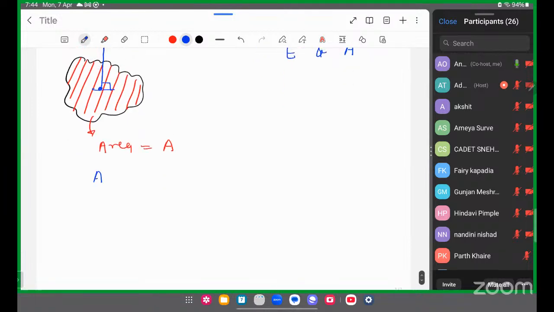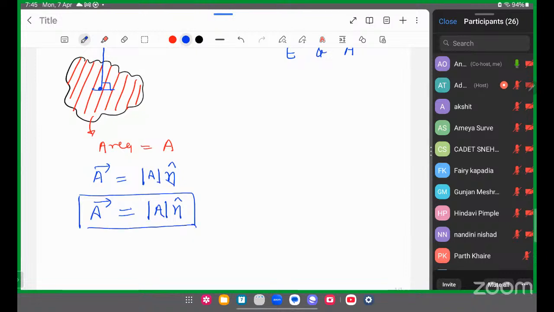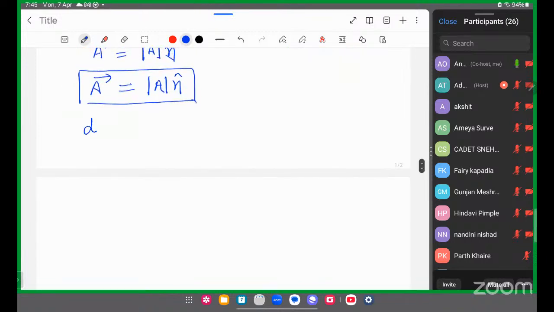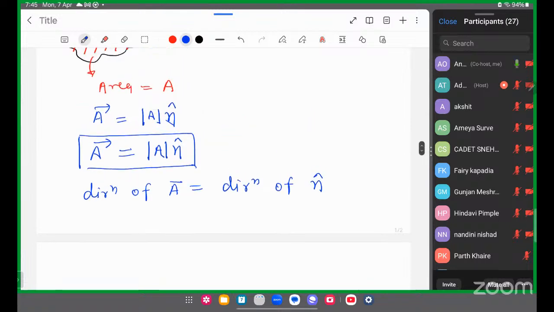So area vector A is area times n vector, and the direction of area vector is the same as the direction of n cap. N cap is the normal vector at the surface.